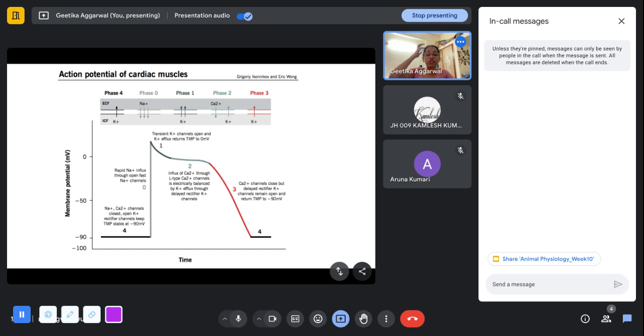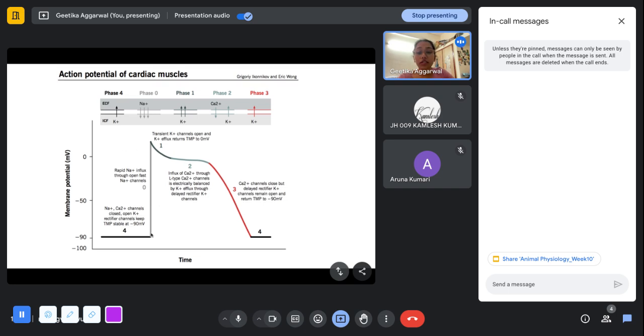So what is happening is, first of all, in this steep rise at phase zero, the sodium channel opens. Another thing to note down here is that cardiac muscles stay at a negative potential of minus 90, which is again very different from how other cells stay. As we discussed, other cells are mostly present at minus 70. Pacemaker cells are mostly present at minus 60, but these cardiac cells are present at minus 90, which is unique to the cardiac muscles.